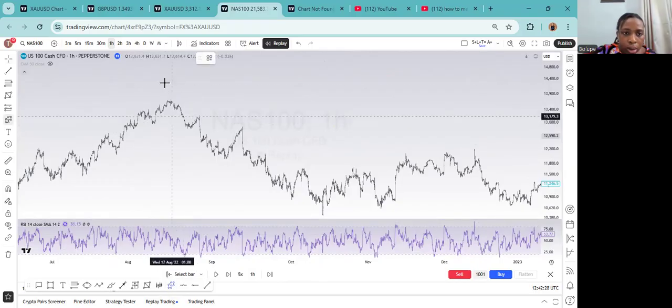This was an uptrend. It broke this structure because we mentioned that structure points are also levels of support and resistance, right?